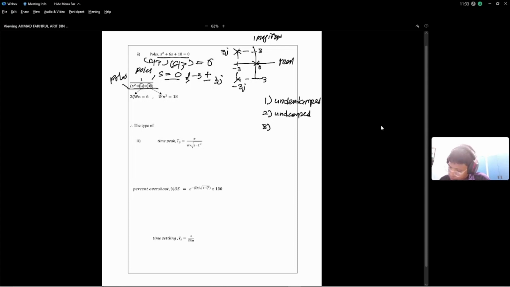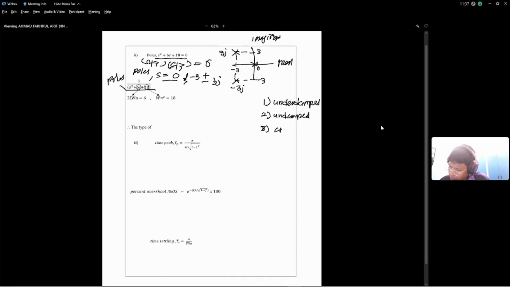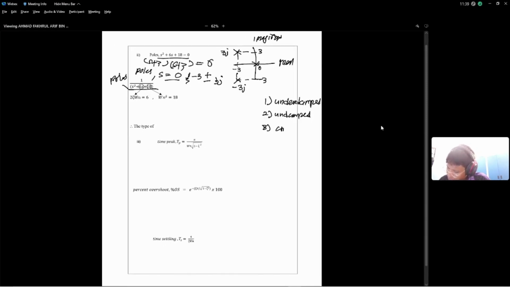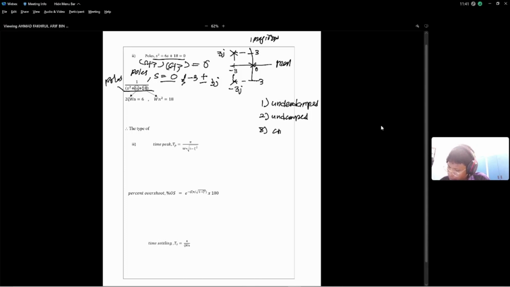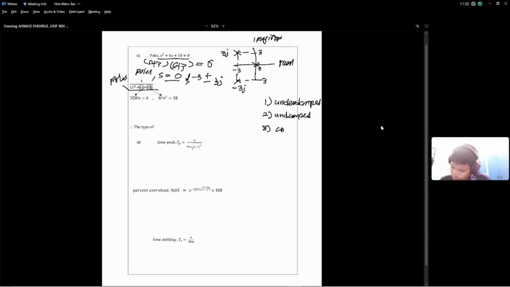Third is critically damped. And the last one is overdamped.